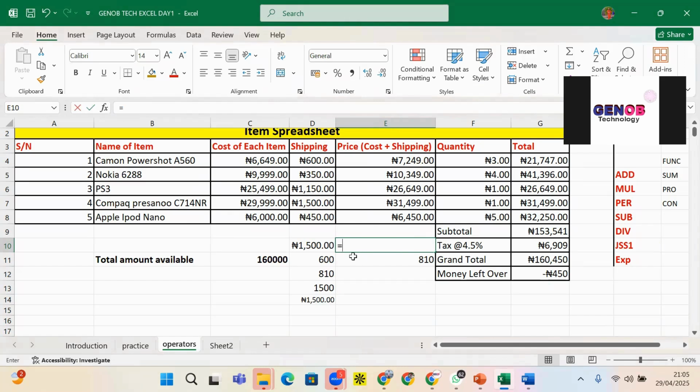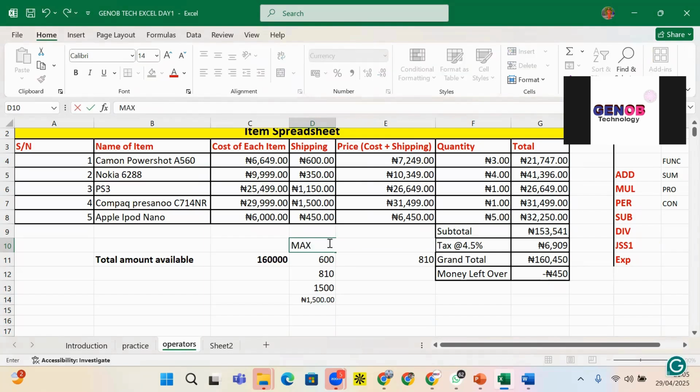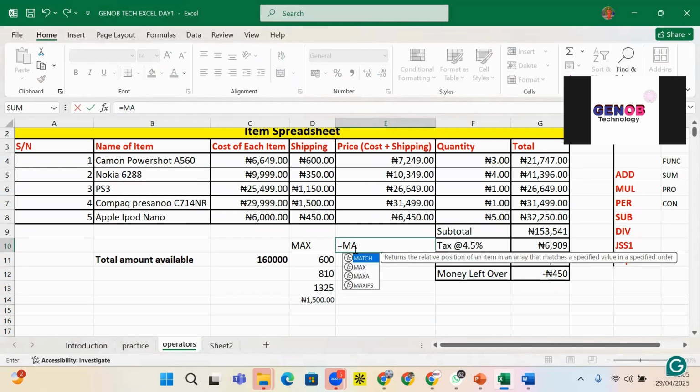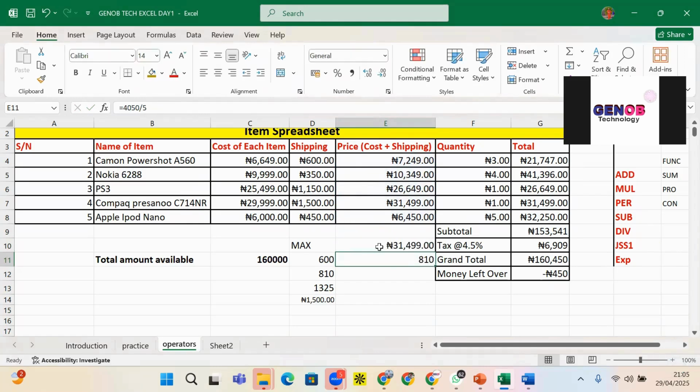Okay, sorry about that. I said this is maximum. We want to look for the maximum of a range, right? The function for maximum is max. I say equal to max, open bracket. I want to look for the maximum number here. I close my bracket. This is the maximum amount here, which is 31,000, right?